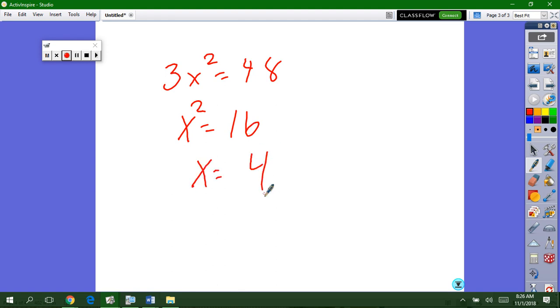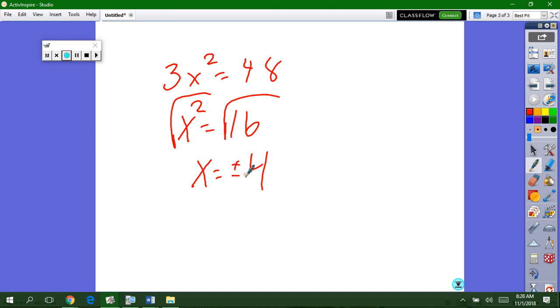If you did that, I'd give you a half. You remember why? Plus or minus. Whenever I physically, me personally, take the square root, I have to do plus or minus.